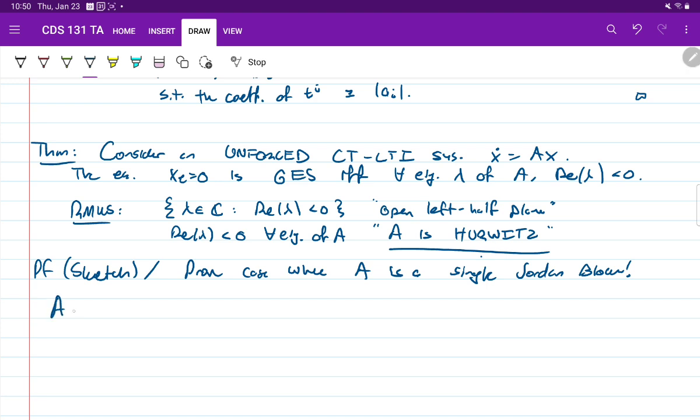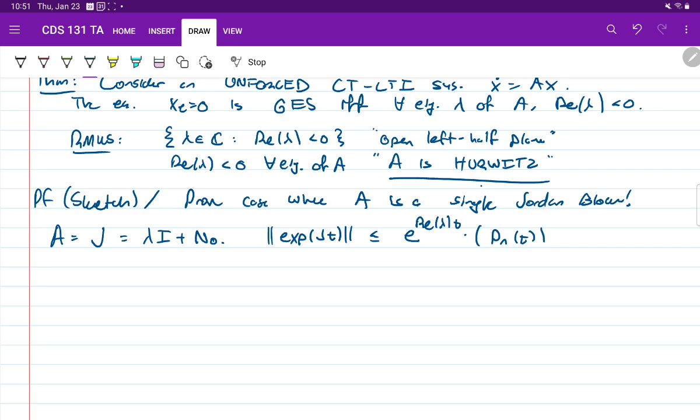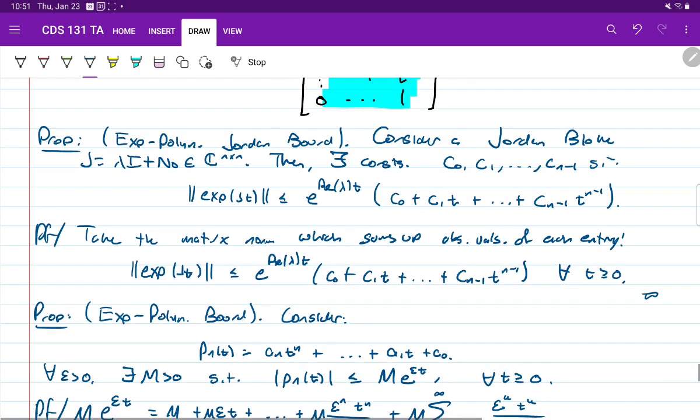Okay, so we'll just take the case where A equals J equals lambda I plus N naught, right? Then I have that the norm of exp of Jt will be bounded above by e to the real part of lambda times t, multiplied by some polynomial, Pn of t. So this is what we had said above.